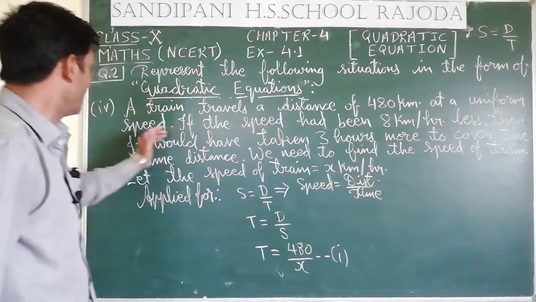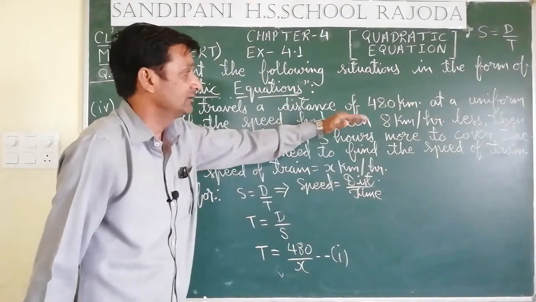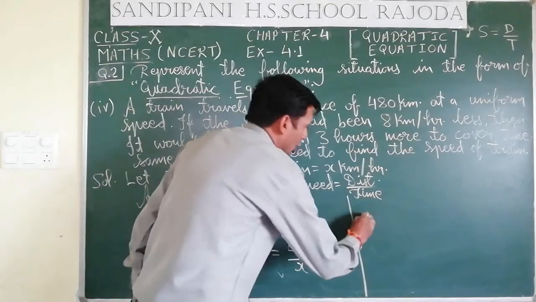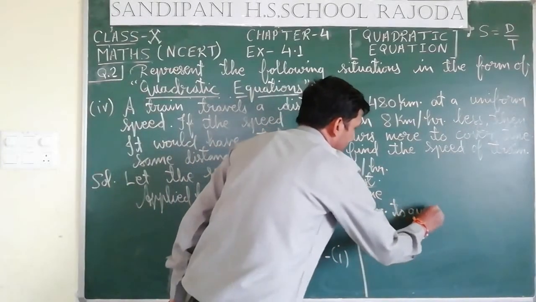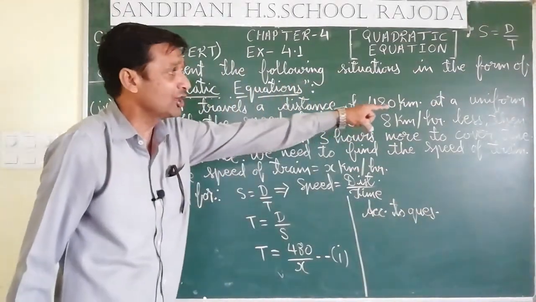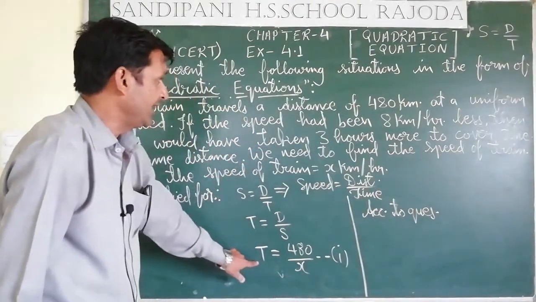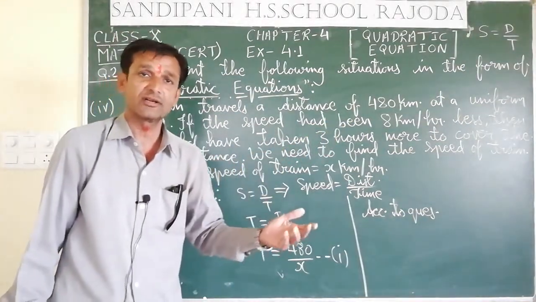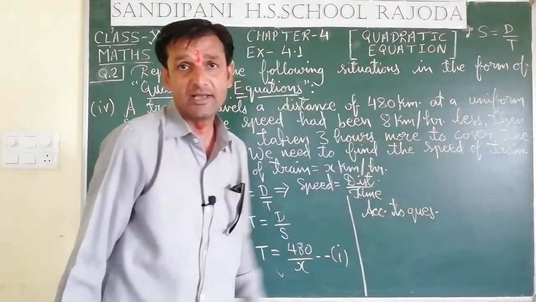Now the second part of the question, if the speed had been 8 kilometer per hour less, means according to question we have to write first of all. If the speed had been 8 kilometer less, means we have to subtract 8 from this x. And what about time? If speed decreases, then of course more time will be required. So here 3 hours more is needed now.